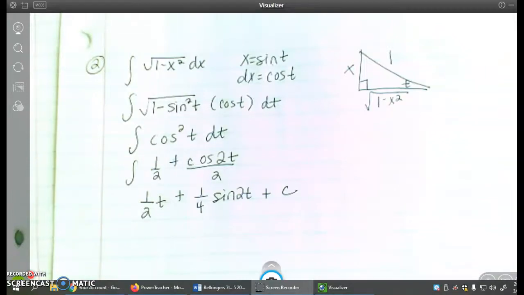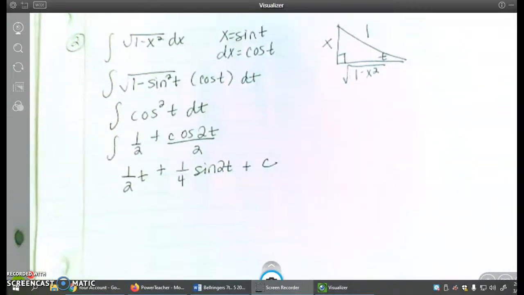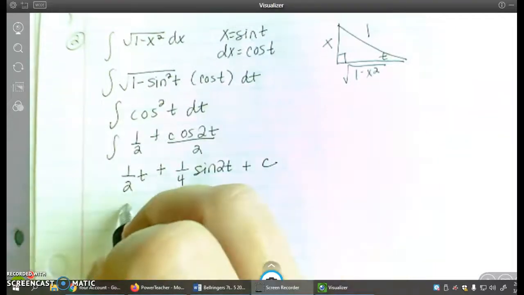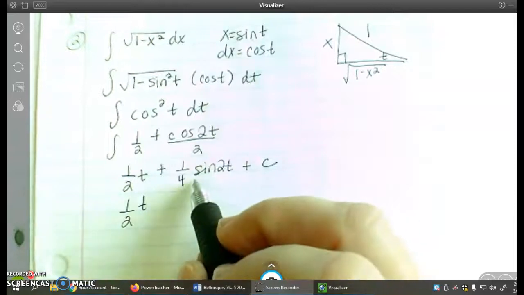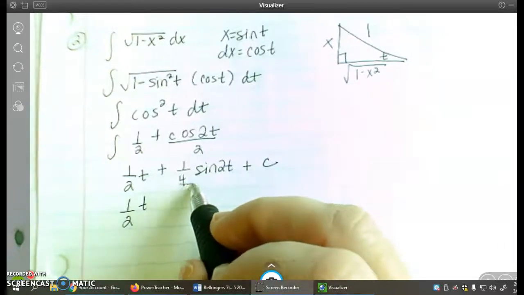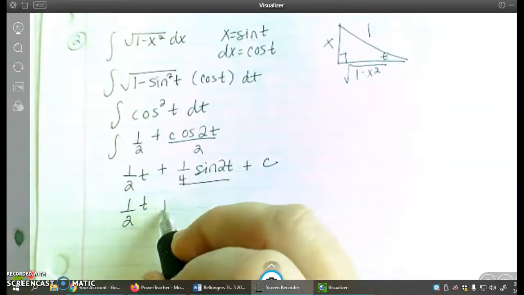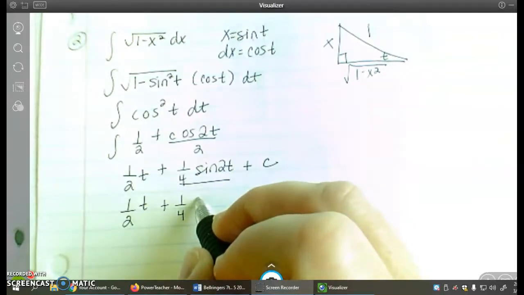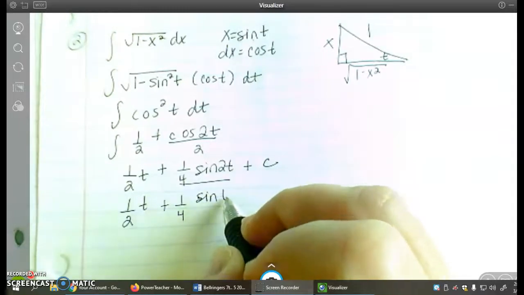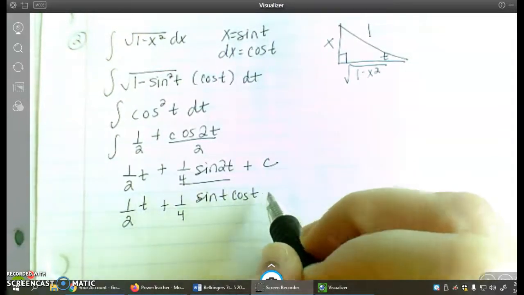Now, interestingly enough, there is one other thing that we have to do here before we substitute in what we have, and it is to change this to another formula. Lots of formulas here with sines and cosines, and it is 2 sine of t cosine of t.